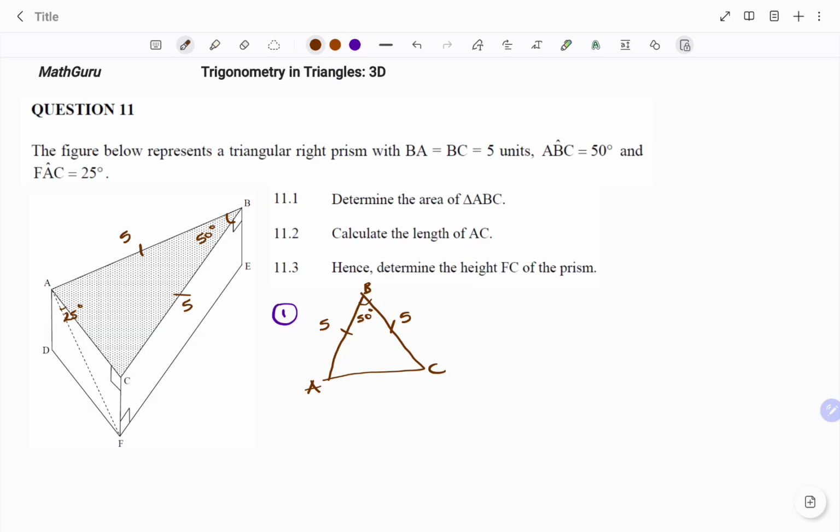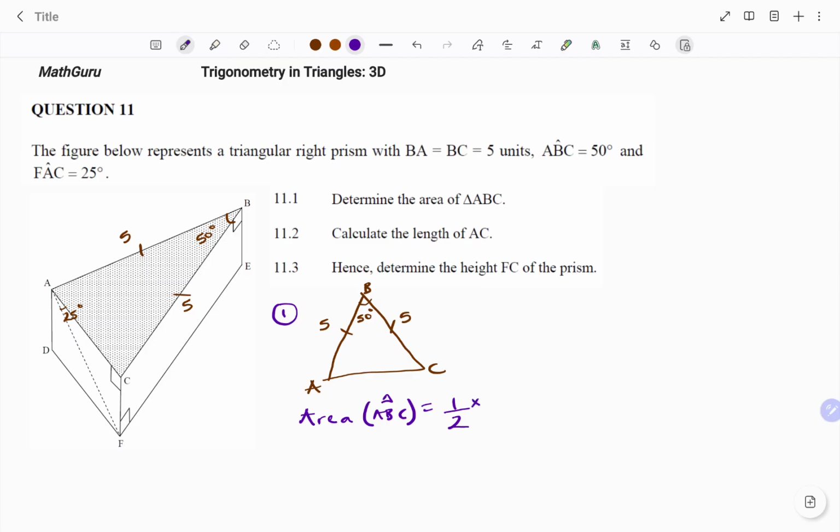Therefore, in order to determine the area, we have the area of triangle ABC equals, I'm going to use the formula, half times the product of the sides times the sine of the included angle.